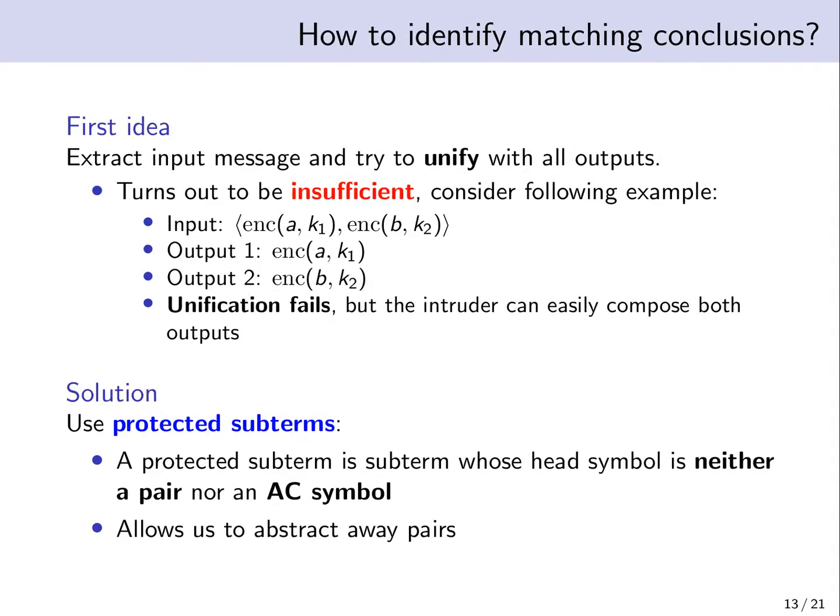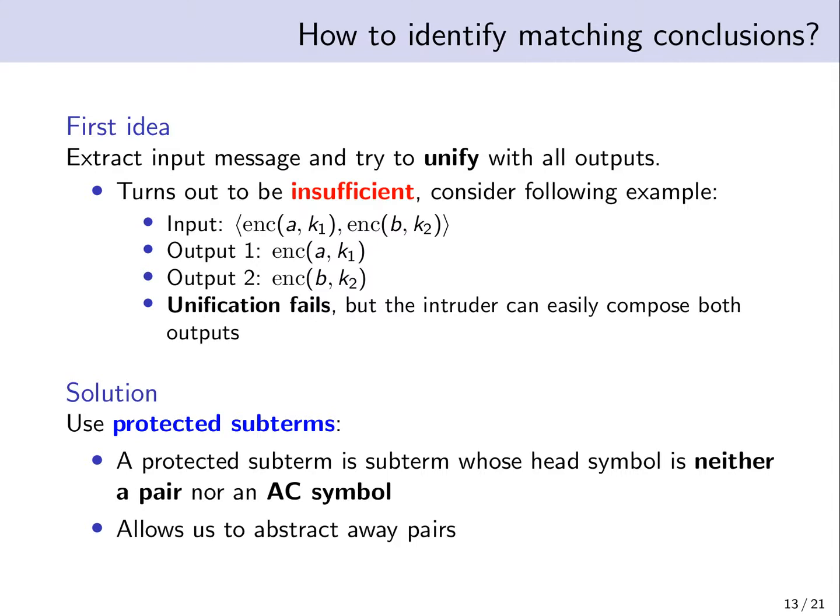So how do we identify matching conclusions? Well, as I said, in some sense we have to identify which outputs can match the inputs that cause the problem. The first idea was just to say, well, let's look at all outputs, all inputs, and try to unify. And this actually turns out to be insufficient because the intruder can mess with pairs, for example.